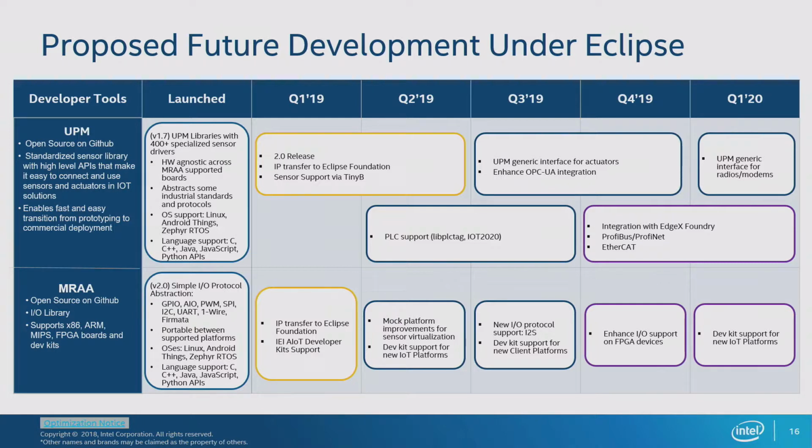Of course, other things, at least on the Intel side, we will be supporting upcoming developer kits. And those are going to be both for IoT and in the client area as well. As I was saying, these frameworks work real well at the edge, but you don't have to limit yourself to using them at the edge.